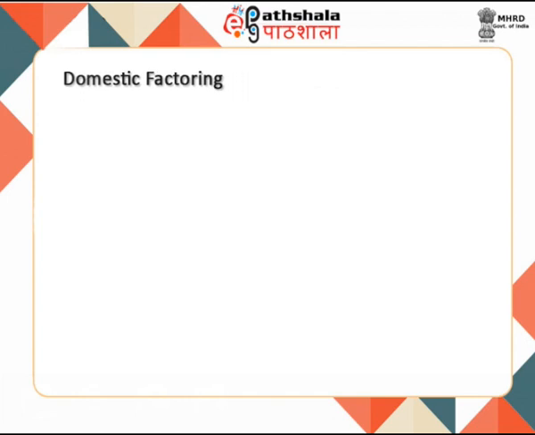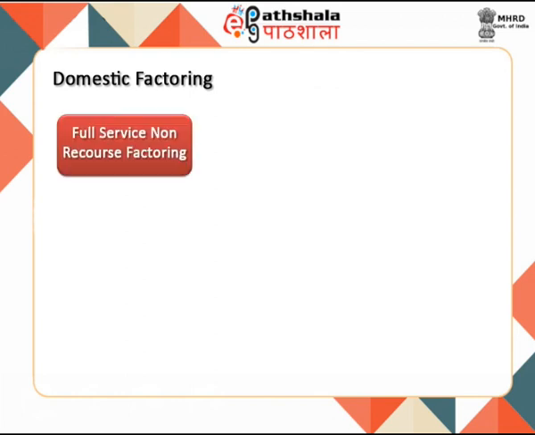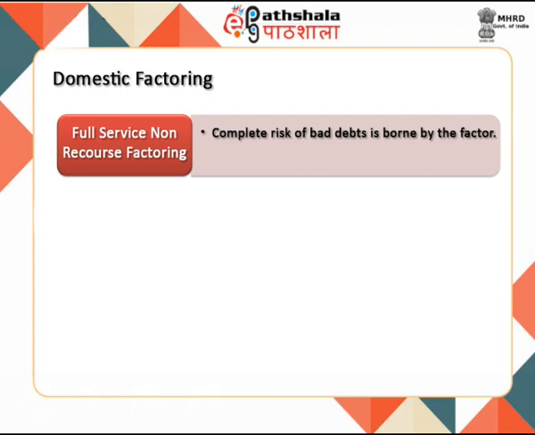Let us first discuss the various domestic factoring arrangements. In case of full service, non-recourse factoring, complete risk of bad debts is borne by the factor. The client gets 80 to 90% amount of debt at the time of selling debts and the remaining amount afterwards.